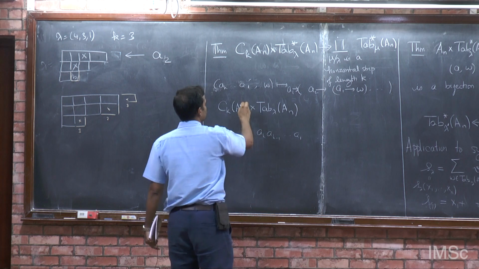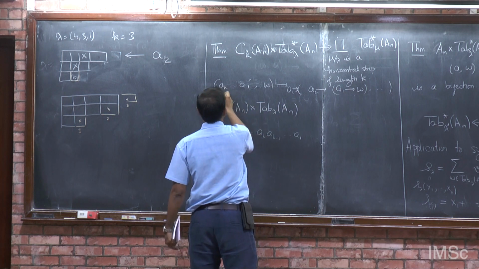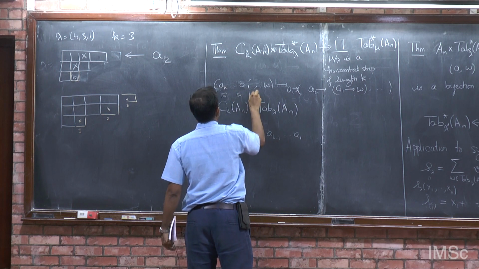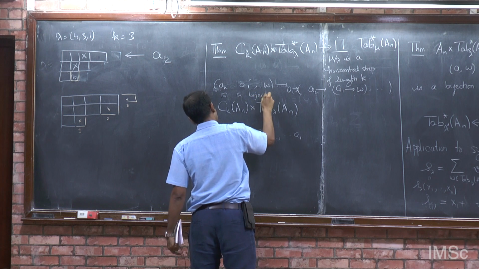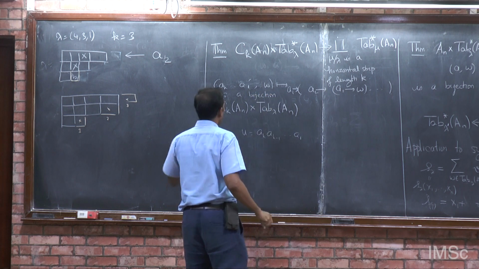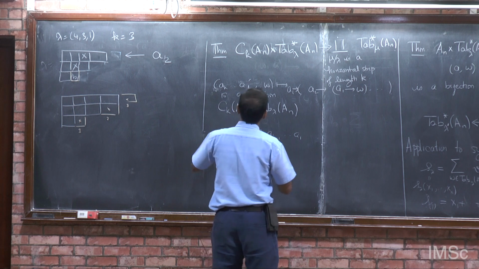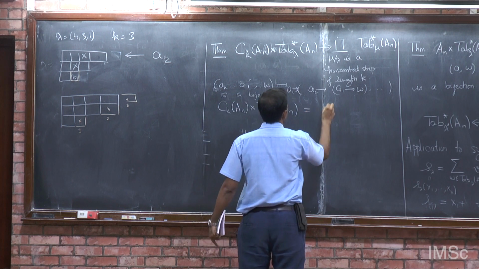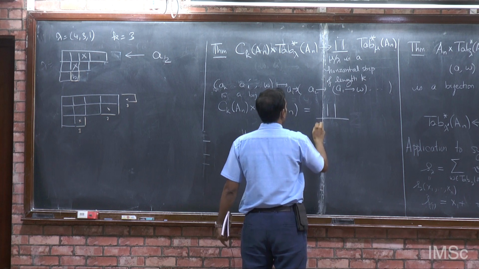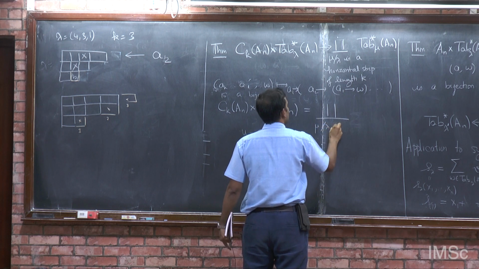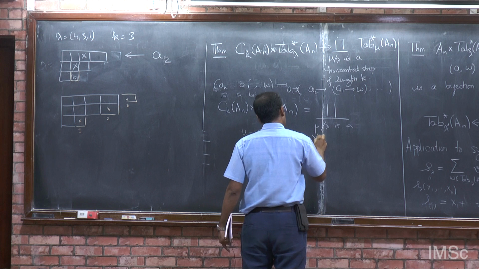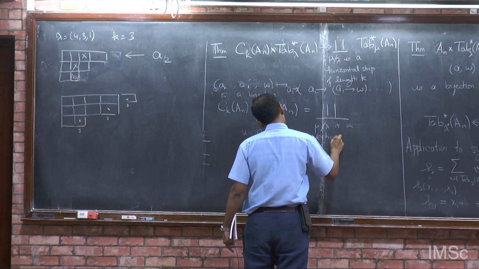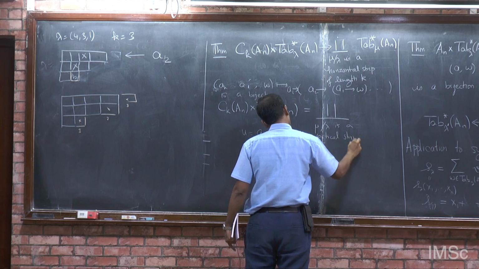It is a bijection. So, that is the theorem. And what this gives is, replacing lambda by lambda prime, mu minus lambda is a vertical strip of length k.